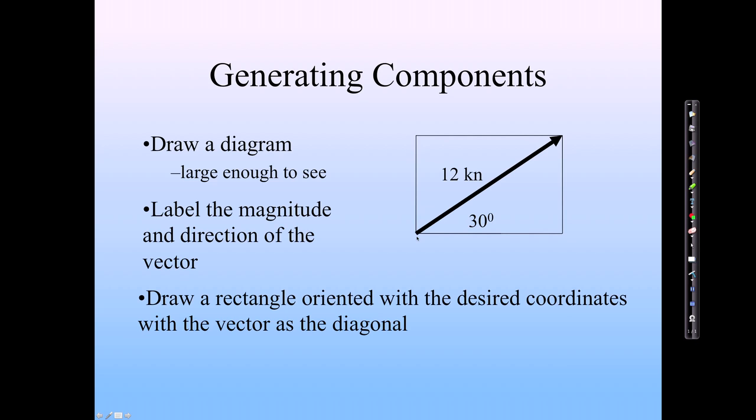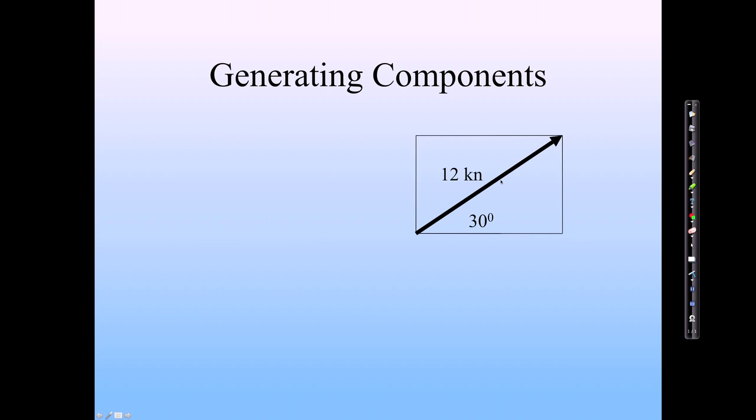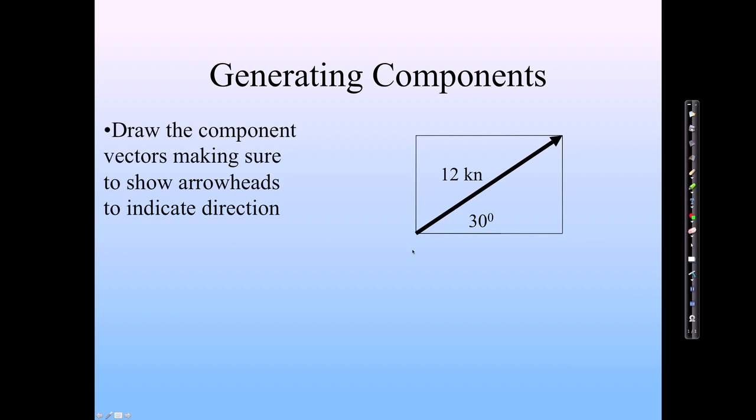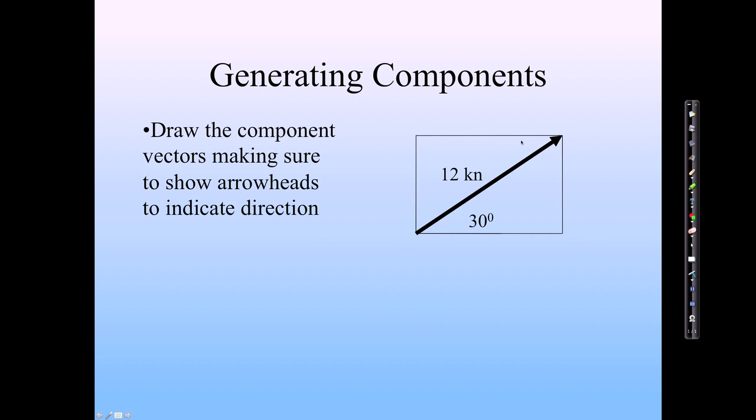And around that vector, draw this rectangle that will be directed along the coordinate axes. The vector in question will go from corner to corner of that rectangle. Now, you want to make sure that the arrowheads show the direction which the vector is pointing.